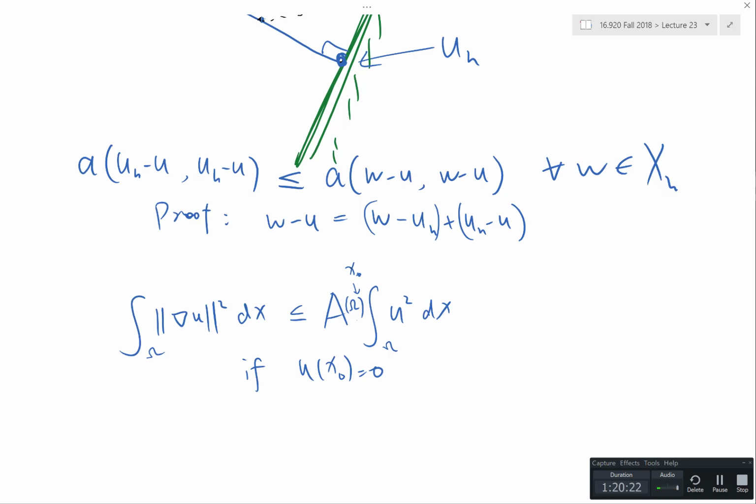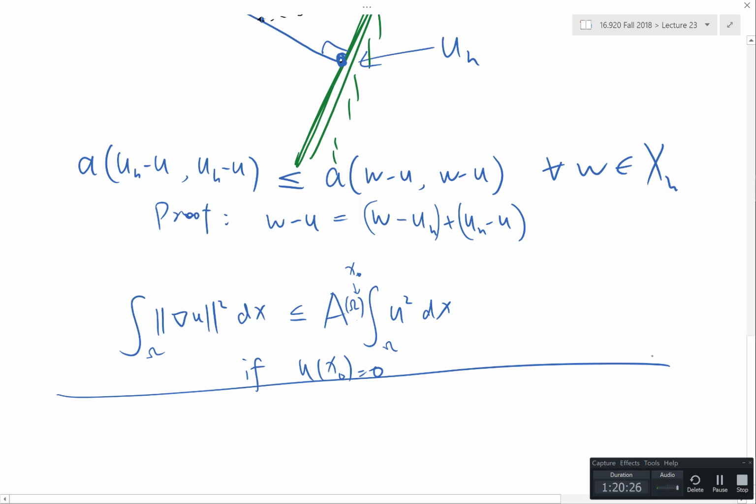Okay. And then this just says that the finite element solution is close to the optimal, by a constant A.